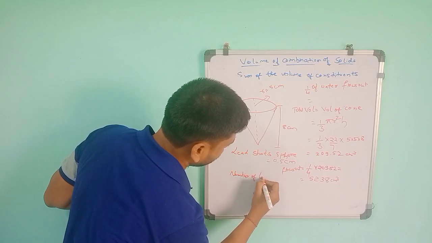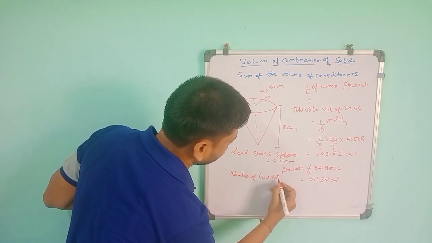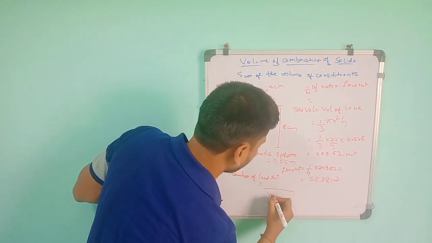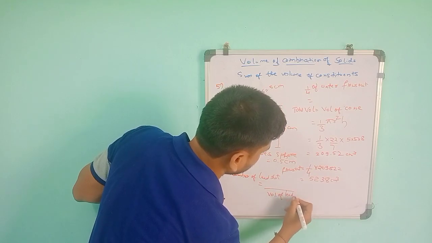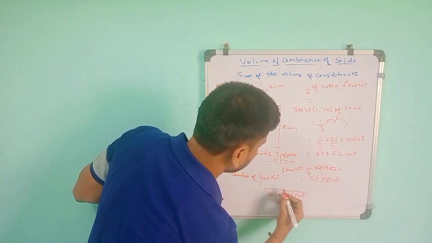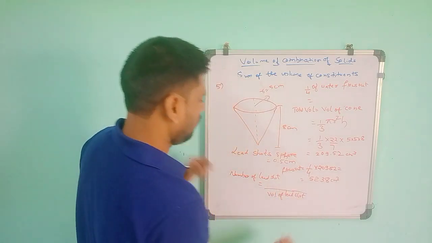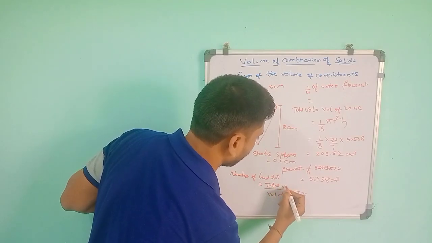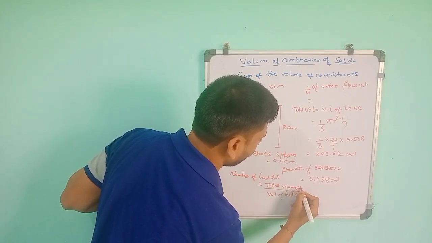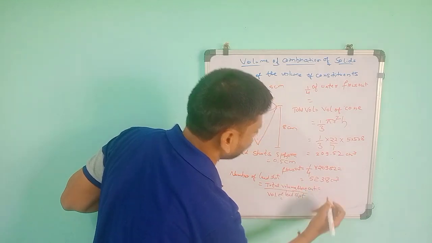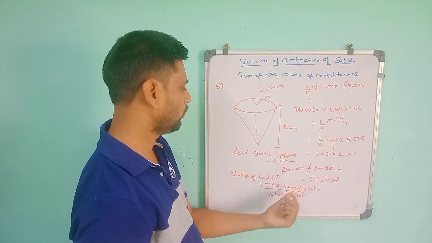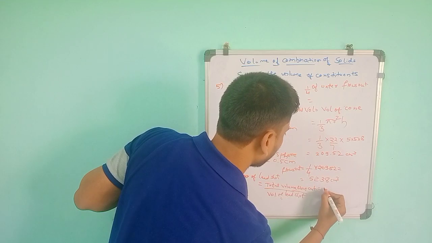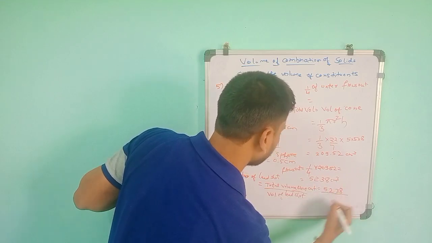The total volume that flows out is 52.38, divided by the volume of lead shot.